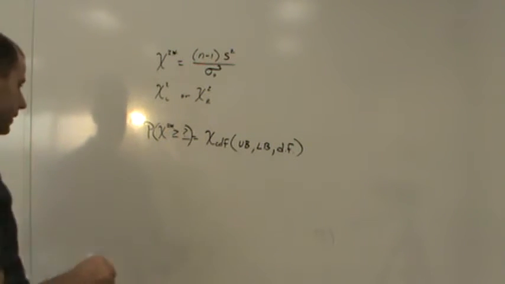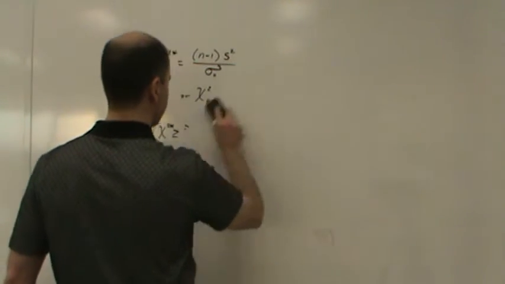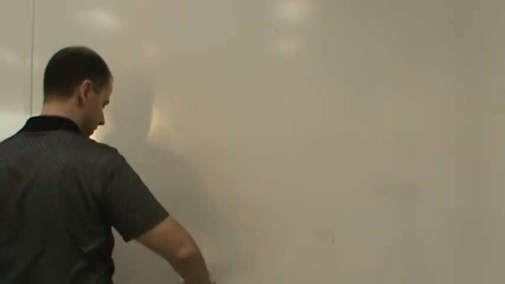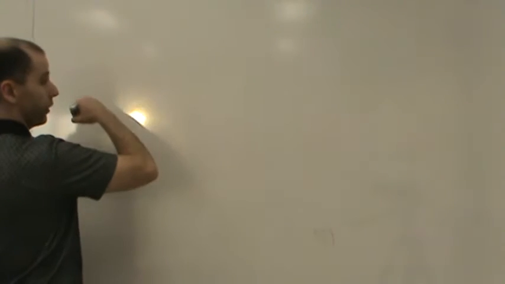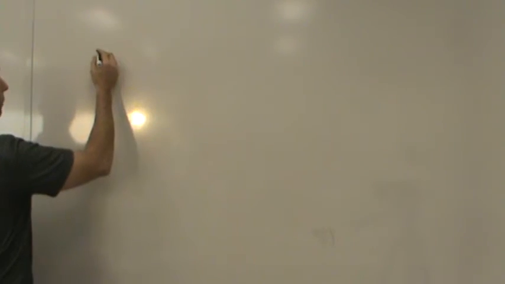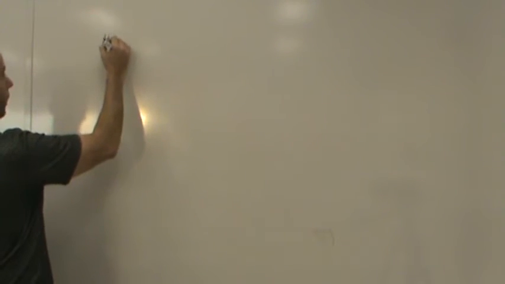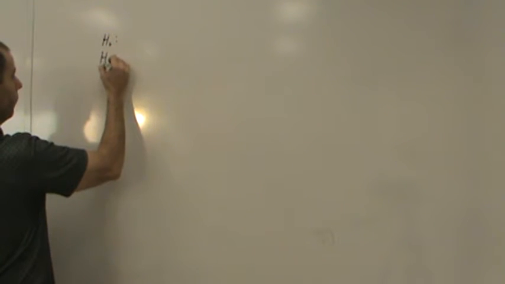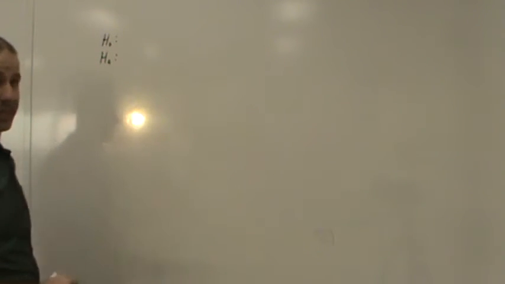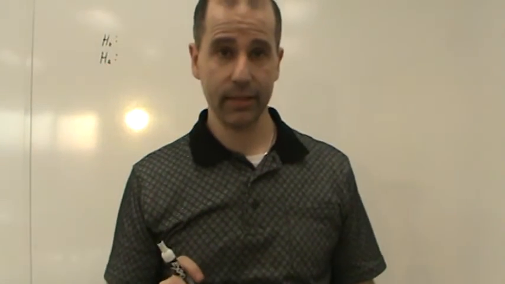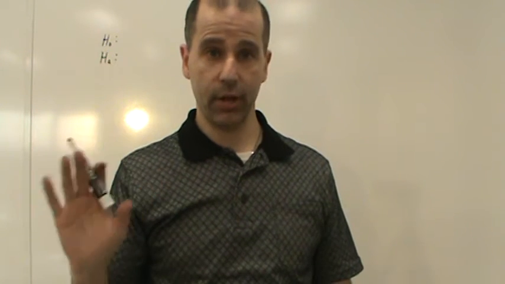So now, let's do an example. Or actually, before we do an example, let me show you the sets of hypotheses. So here are the 3 pairs of hypotheses you could have. These are the things that we're testing. I'm going to put all of the hypotheses in terms of variance, but realize I can rewrite all of these in terms of standard deviation.